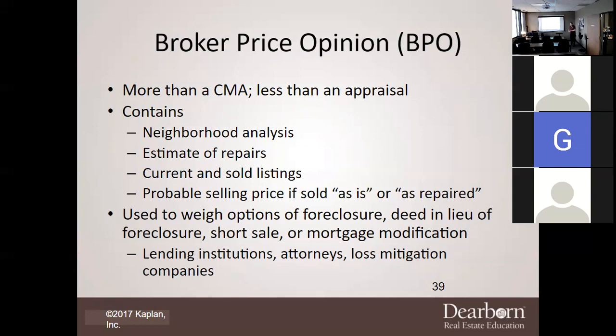So we dig a little bit deeper, but not a lot deeper. They're also used often in regards to foreclosures, if there's a deed in lieu, a short sale, or a mortgage modification. And oftentimes, individuals that will use them will be lending companies, attorneys, or loss mitigation.